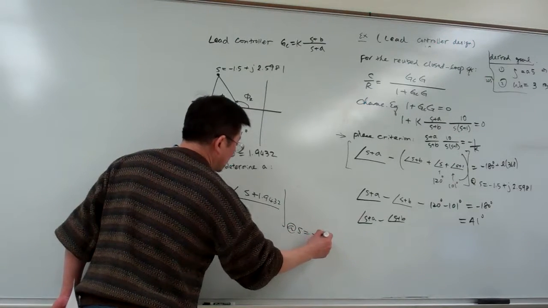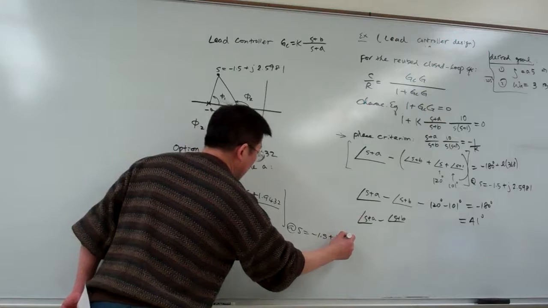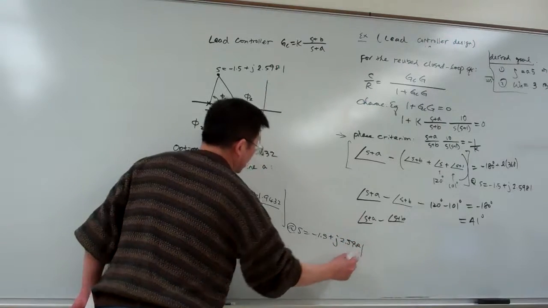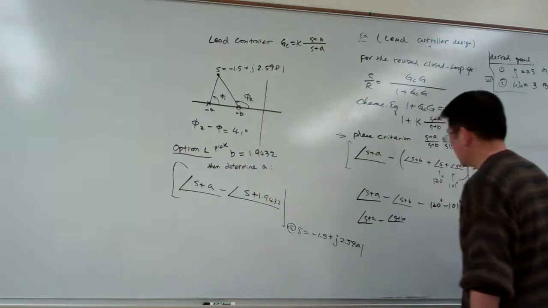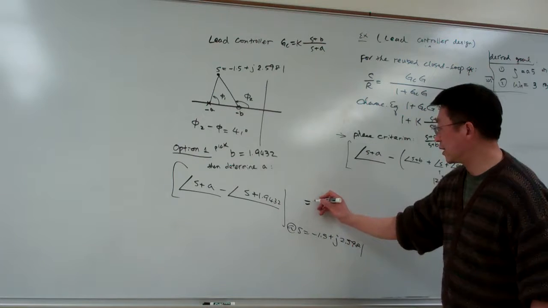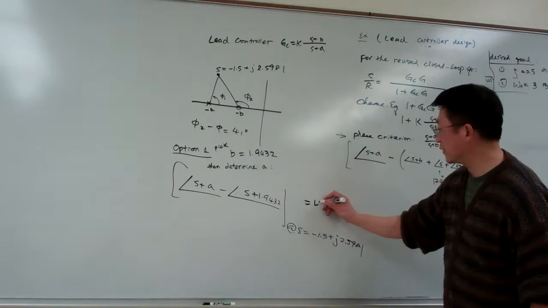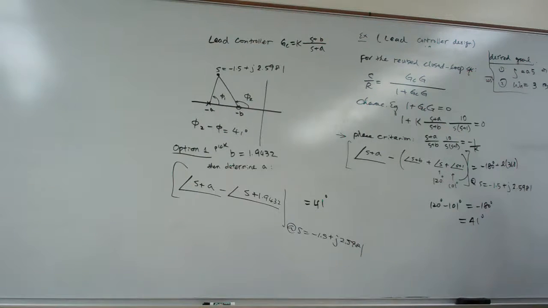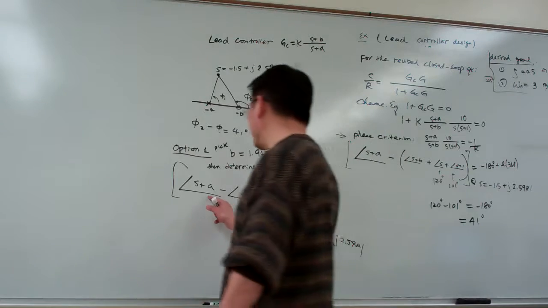S equal to minus 1.5 plus j 2.5981. Okay. So simply you determine A using this information, 41 degrees. Okay. So how to do it? Basically you simply plug into here.